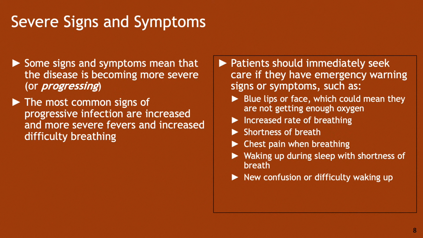Blue lips or a blue face means difficulty with oxygenation, and that's a real warning sign. Also increased rate of breathing and shortness of breath, chest pain when someone who's sick complains of that. Another severe sign would be disorientation or confusion, or difficulty waking up beyond that normal feeling.